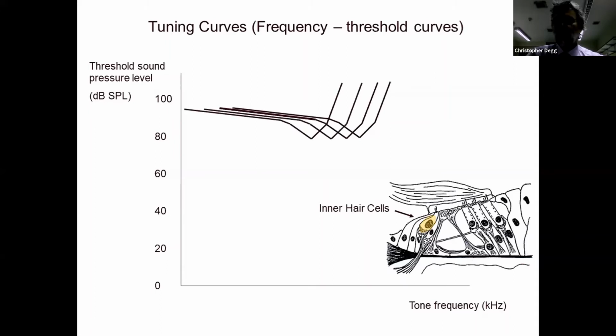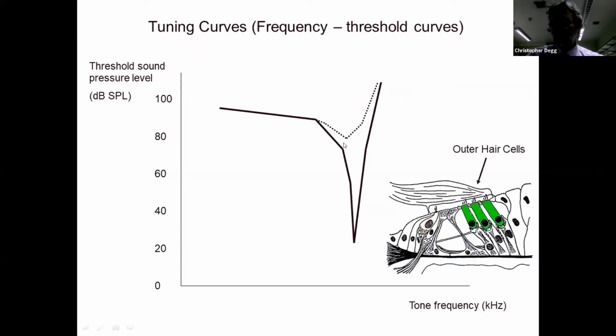And so effectively what happens, instead of having sequential nerves responding to frequency, one nerve fiber will do that. So the top line is due to the passive property of the membrane vibrating. And then when you add in the kick of these cells, it gives you this nice sharp tuning of the response.